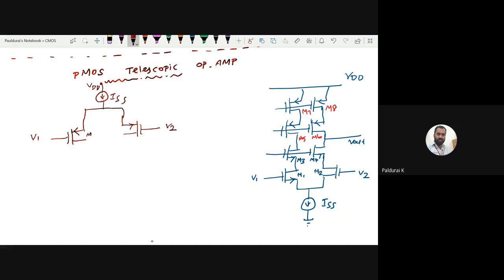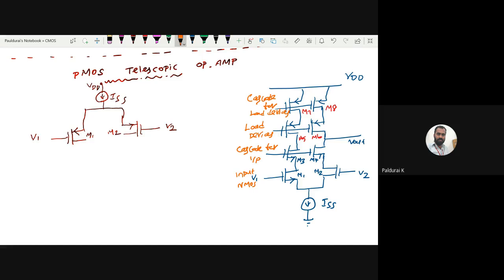Let me call this M1, this is M2. So now this is my input pair, right? For your understanding, I'm writing here, this is my input NMOS. This is my cascode for the input transistor. This is my load devices, right? And this is my cascode for load devices.